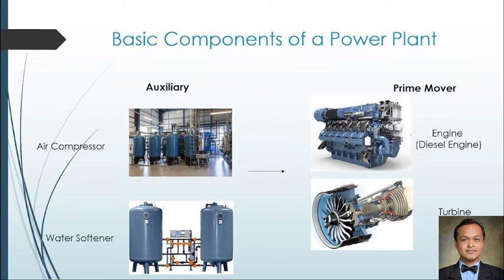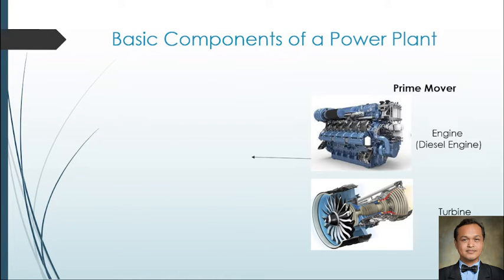Then there is a water softener, to ensure the water being fed to an engine is clean and less likely to cause rust or corrode the pipes or the engine itself. There are other auxiliary systems that can be seen in a power plant. The ones I'm giving you are just samples of the auxiliary systems.